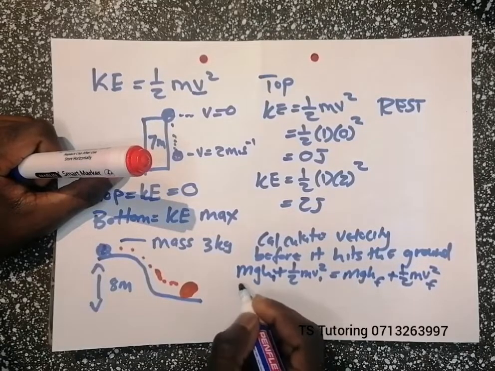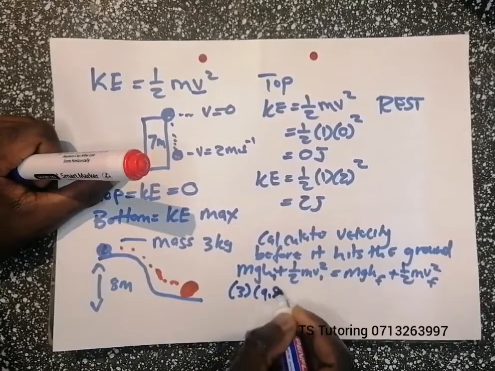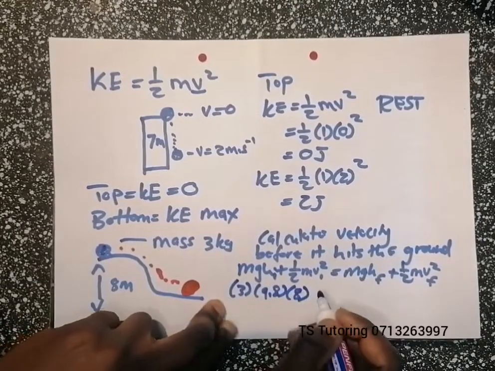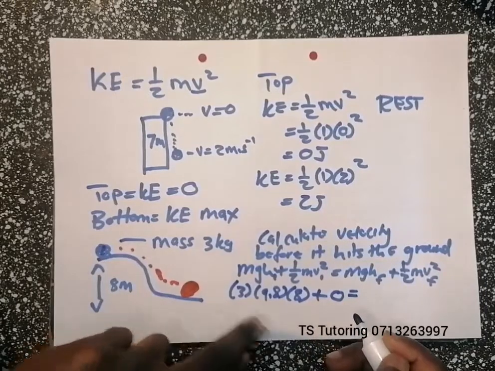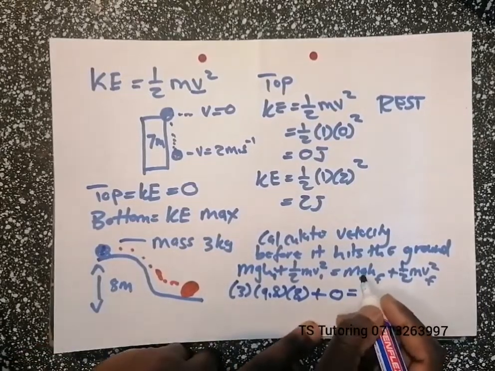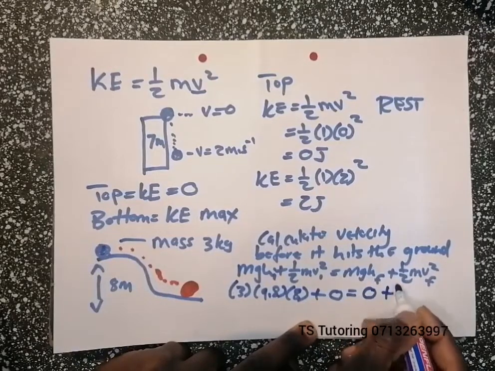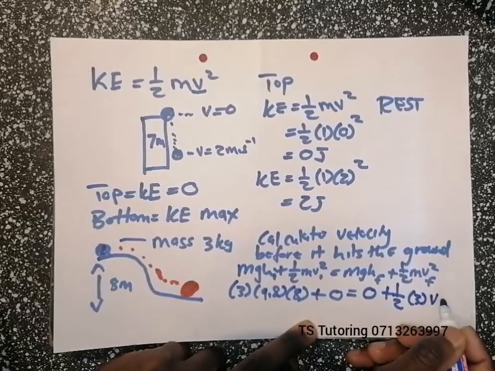At the top the potential energy must be maximum because there is height. The mass is 3, gravity is 9,8, and the height is 8. The initial kinetic energy is 0 because it's at rest, no velocity. At the bottom there's no height, therefore potential energy is 0, but there is kinetic energy. The mass is 3 and we're looking for Vf.